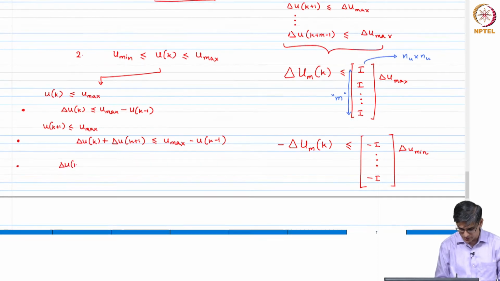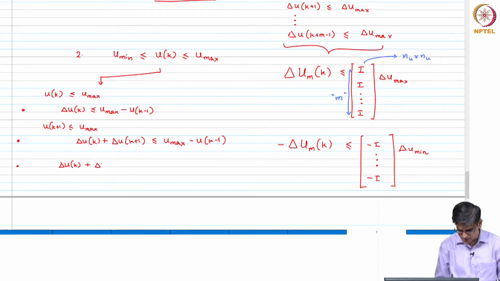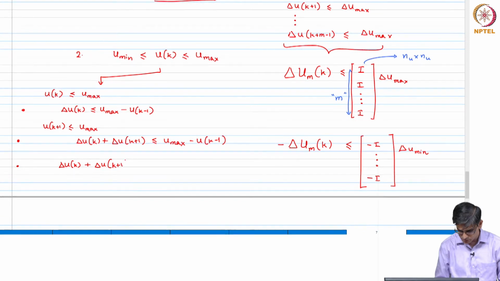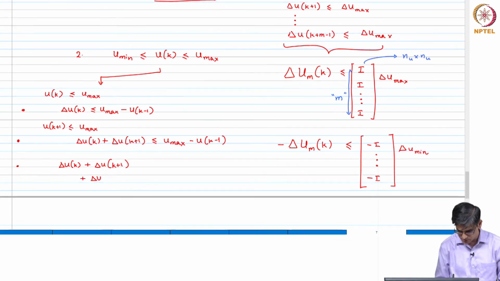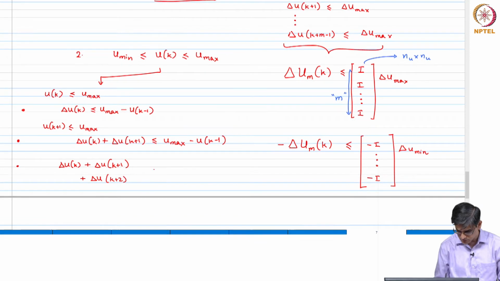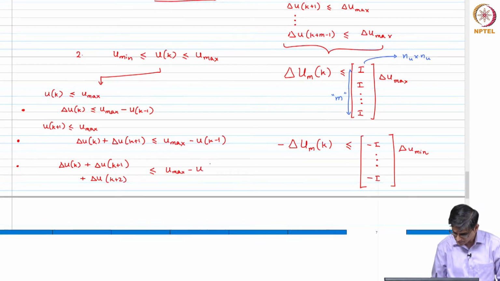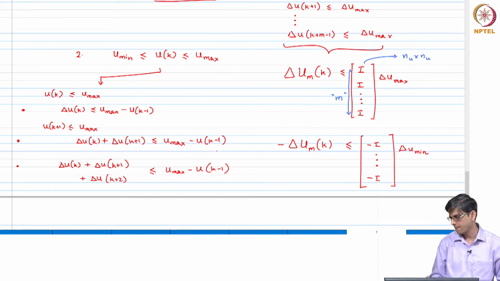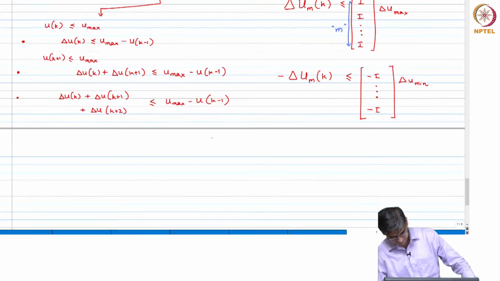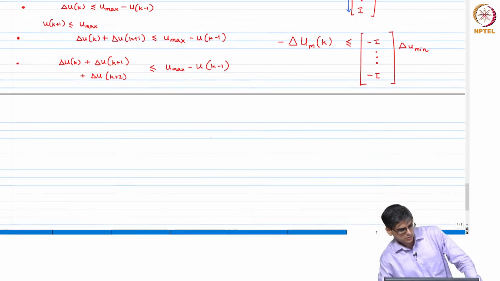You have uk plus delta uk plus 1 plus and so on.